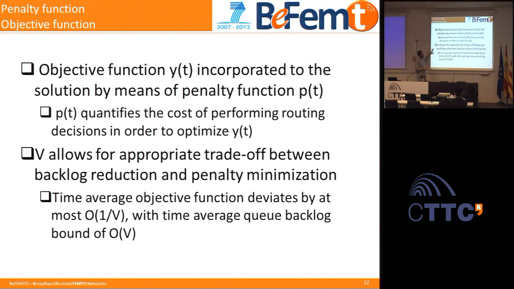What they showed is that by appropriately tuning this parameter V, you can reach as close as possible to the optimal. For example, imagine that your cost function is delay, you could be as close as possible to the minimal, the optimal delay in the network, but at the cost of linearly increasing the Q backlog. That's what the framework says, and you will see some results on that afterwards.